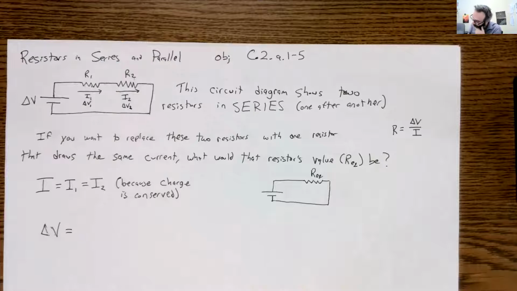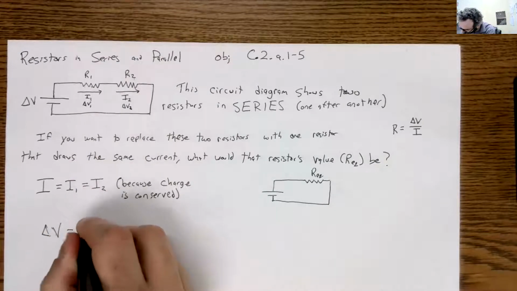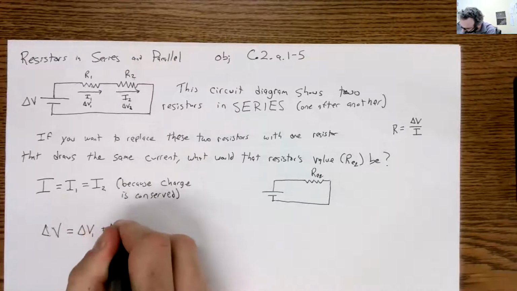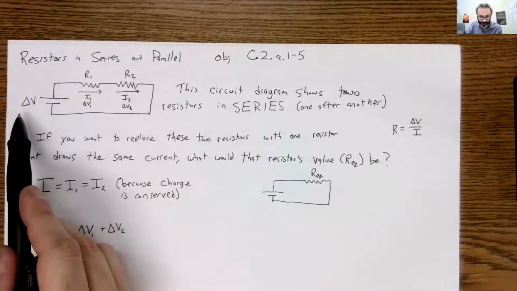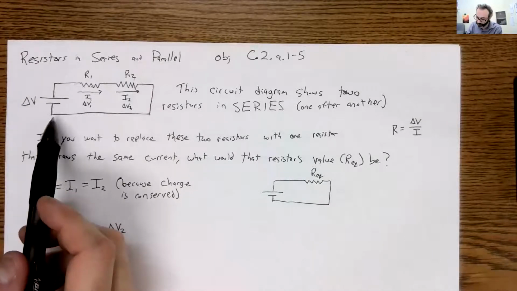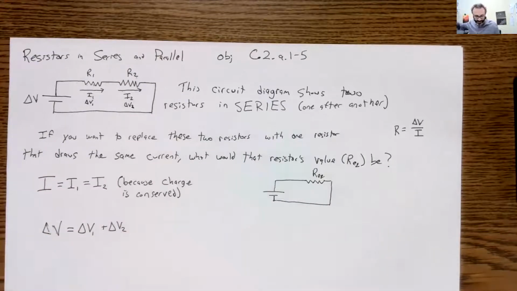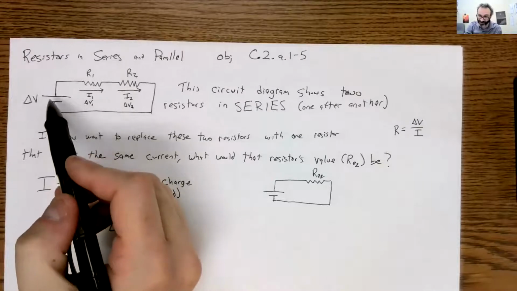But what we do know is that the potential drop across 1 plus the potential drop across 2 has to be equal to the potential difference across the battery. Oh, okay. That's where I went. If you think about the water and pipe analogy, we start at the top. Potential is like height.